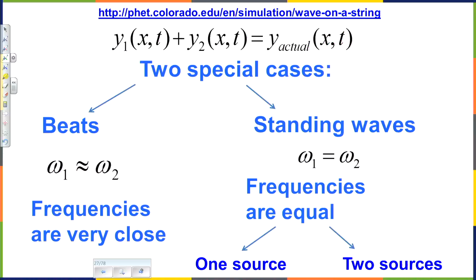You hear? This one generates tone with 1000 hertz, and this is 1001.2. The difference is 1.2 hertz.